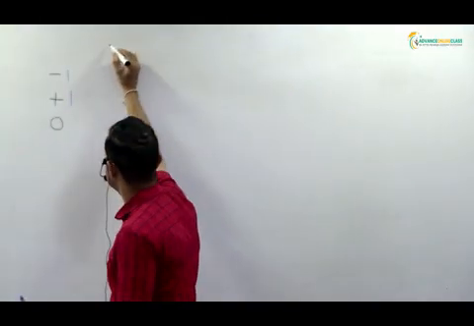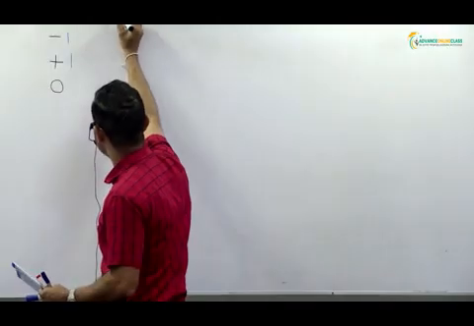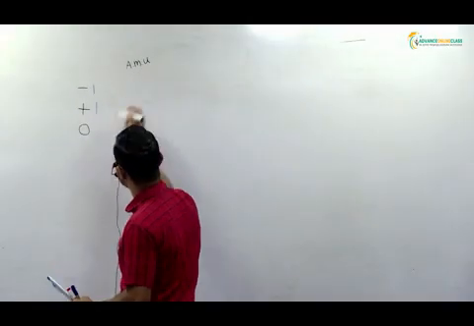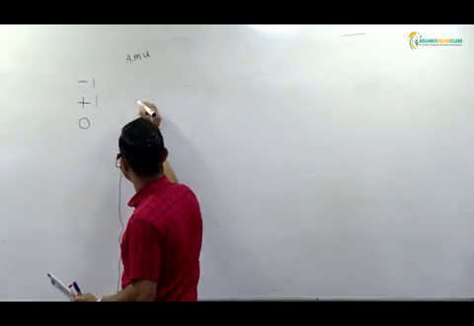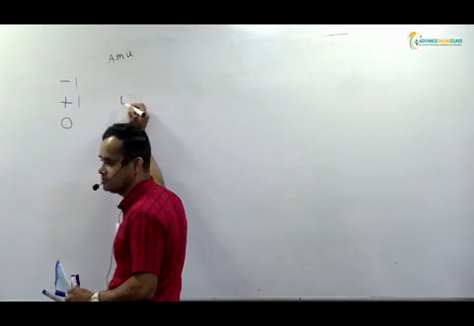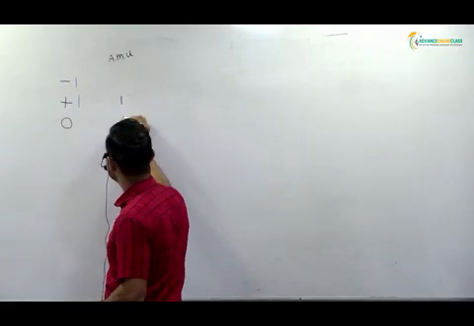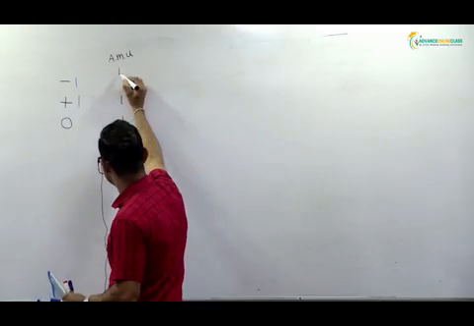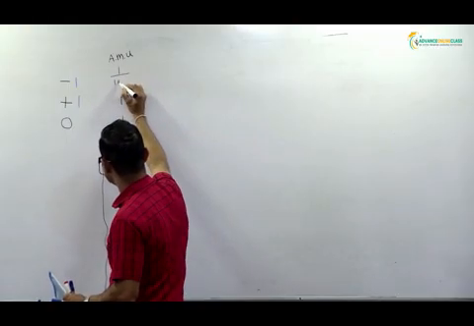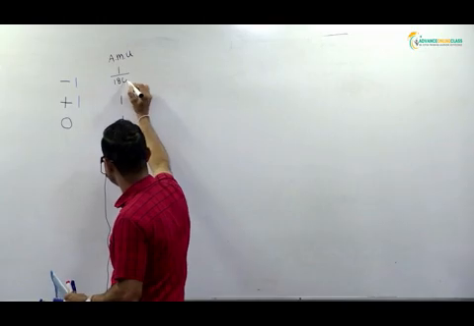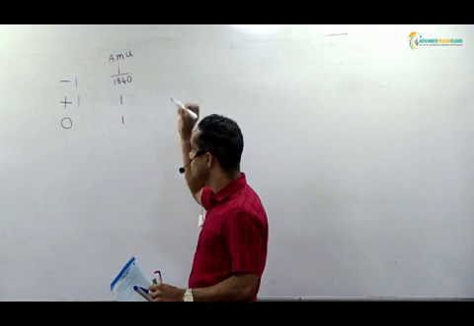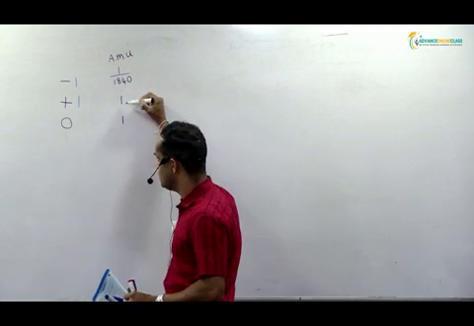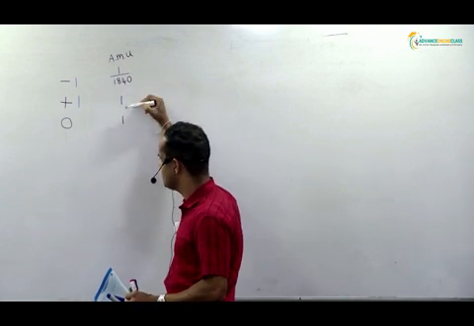So in atomic mass unit, proton is 1 AMU, neutron is 1 AMU, electron is 1 divided by 1836, but we write 1840.